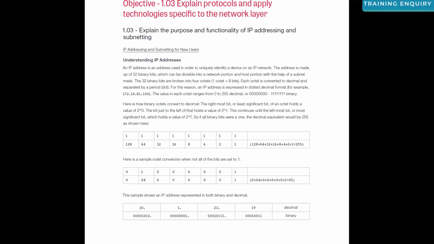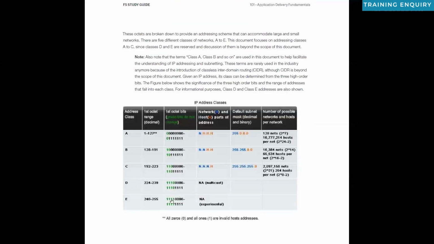Whenever we talk about the network layer or layer 3, we always talk about IP addresses, so you must understand them. We have a total of 5 classes, A, B, C, D, E, right? We don't use class D and E addresses on our host machines. Why?